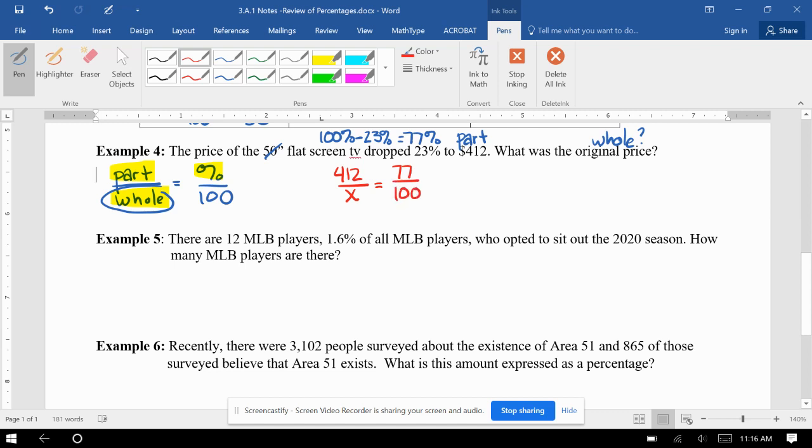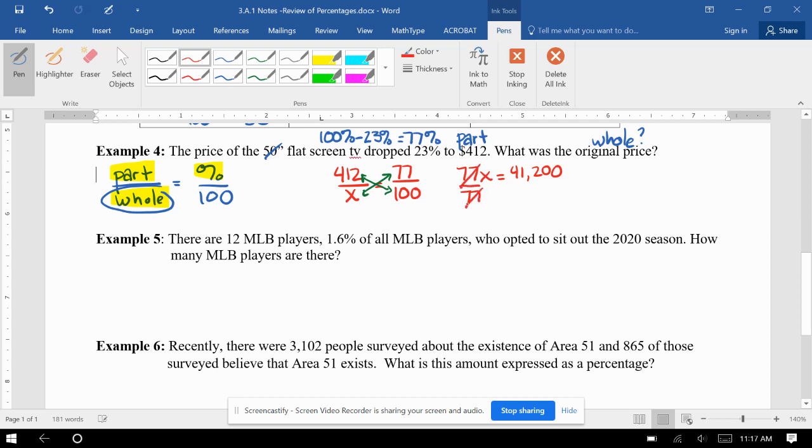So this is called a proportion. It's when you have fractions that are equal to one another. When you solve a proportion, you probably remember doing this in the past. You're going to cross multiply. So when I look here, I'm going to cross multiply and get 77x, I almost did the 23 again, equals 41,200. And that's from multiplying 100 times 412. And then we're going to go ahead and divide both sides.